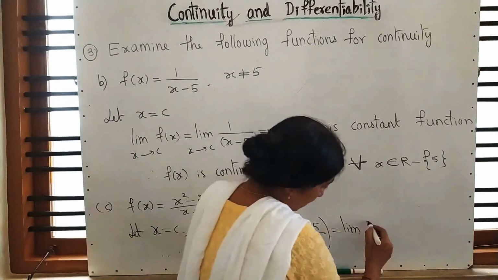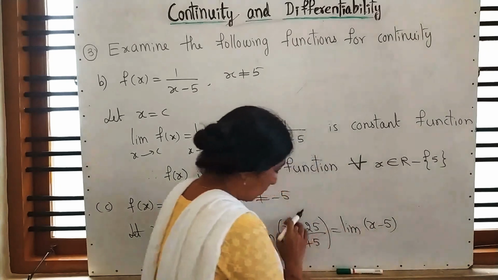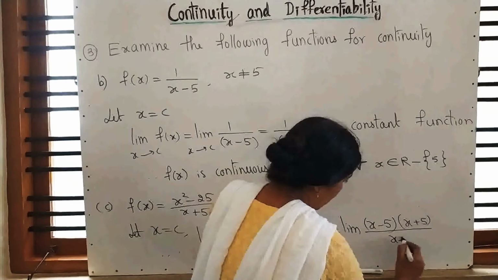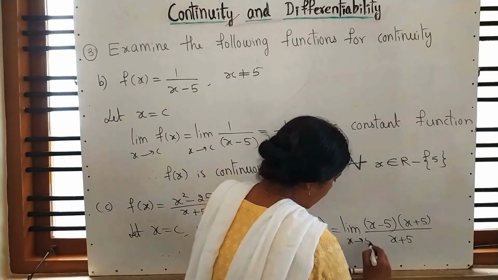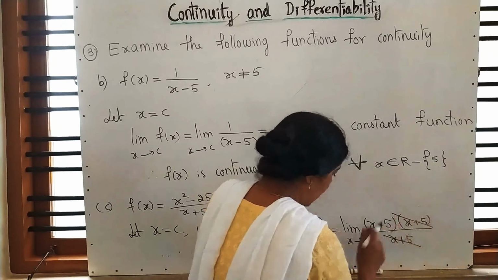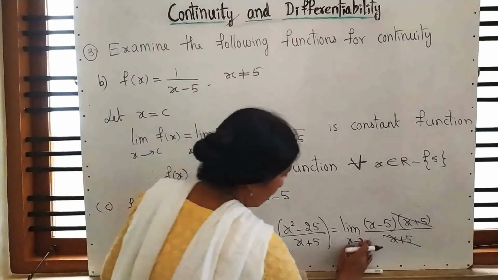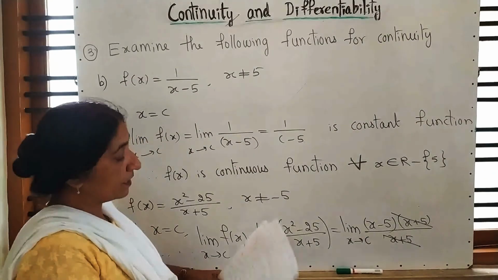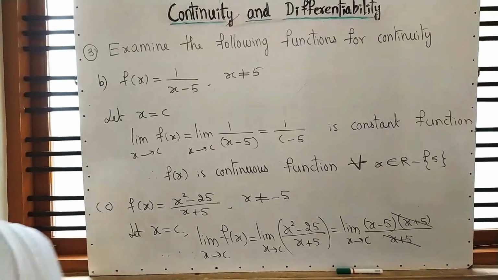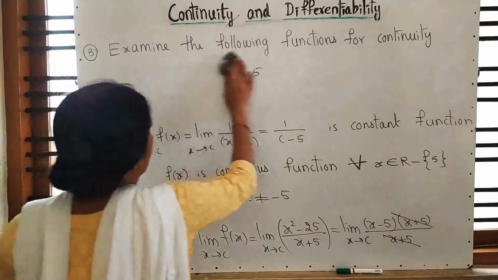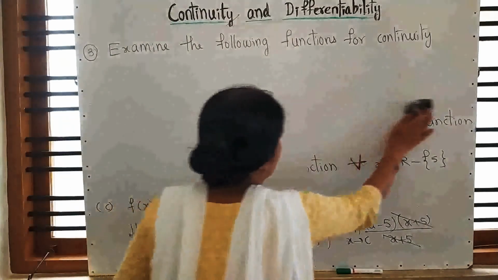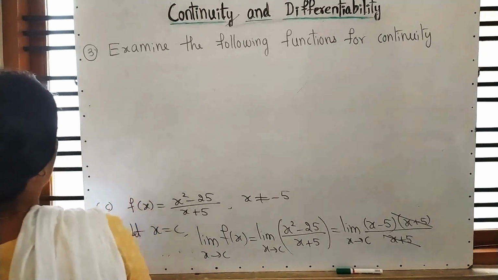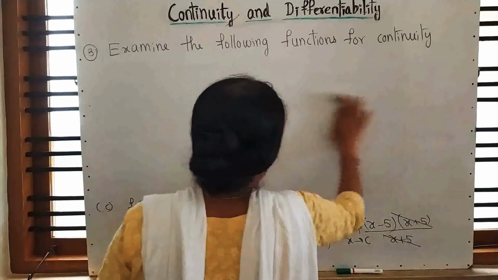The numerator will be written as a square minus b square: x minus 5 times x plus 5, upon x plus 5, as x tends to c. Here x plus 5 and x plus 5 get cancelled.